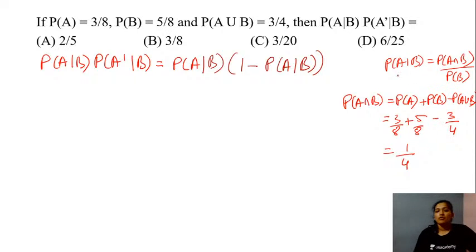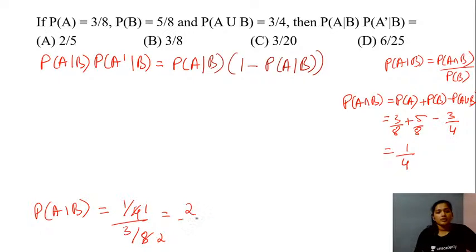Now we need the value for probability of your event A given your event B. So this would be equal to 1 by 4 divided by 3 by 8. So this is equal to 2 by 3 here in this case.